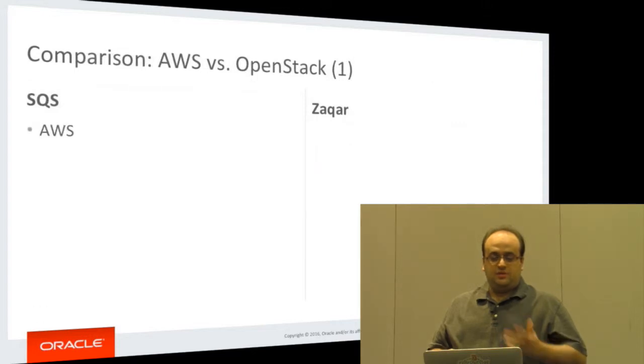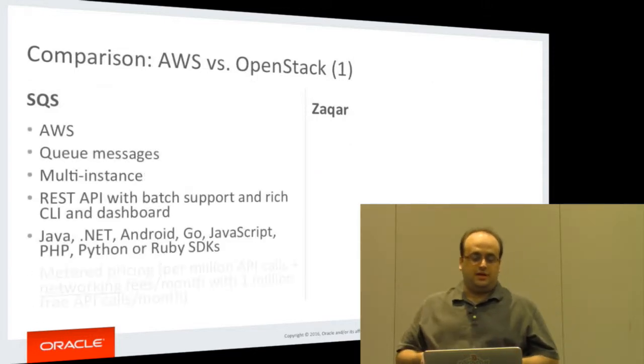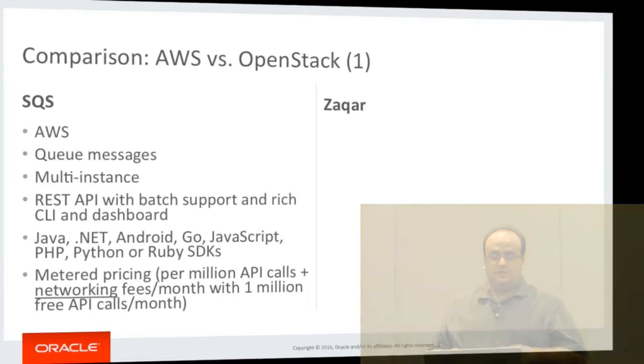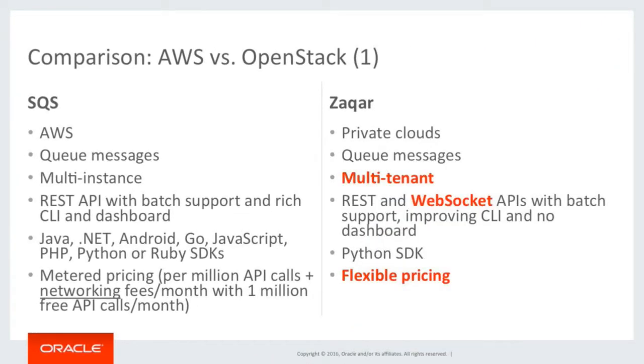So there's the Amazon service, the Simple Queue service. It also compares well to Zaqar. It's not multi-tenant also. It doesn't have the WebSocket API. The price is not as flexible. And in AWS, in addition to the API call, you pay for the networking. The good thing about AWS, though, is that they have SDKs in many different languages.